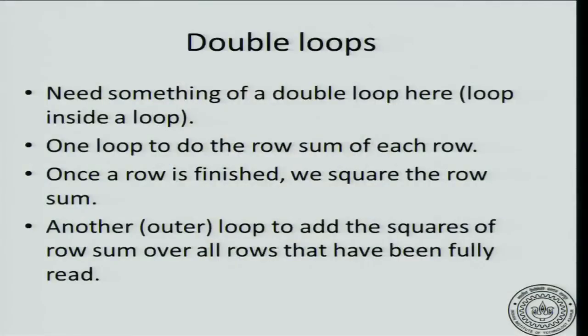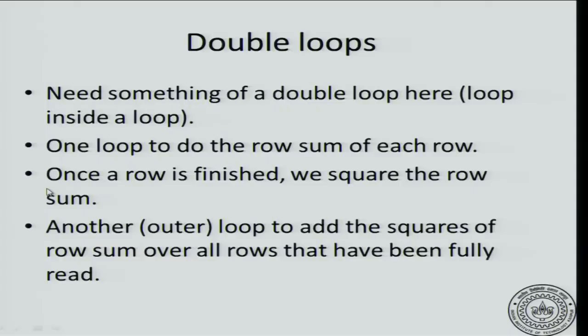So what we need here is something called an inner loop or a double loop. We need a loop inside a loop. Now the inner loop is doing what we did first. It is taking a row and adding all the numbers in that row, then squaring it. So we need one loop to do the row sum of each row.